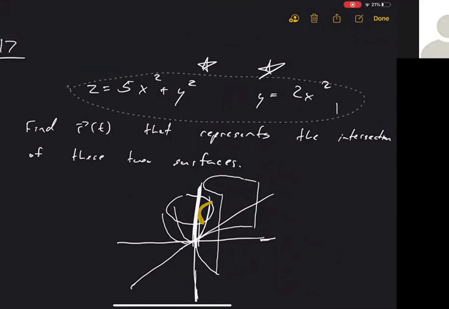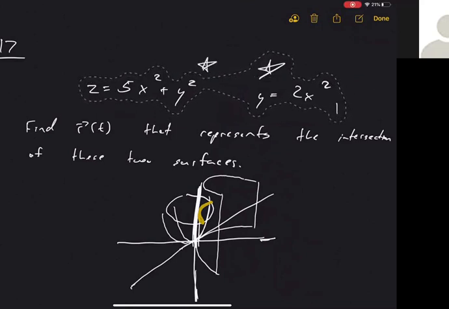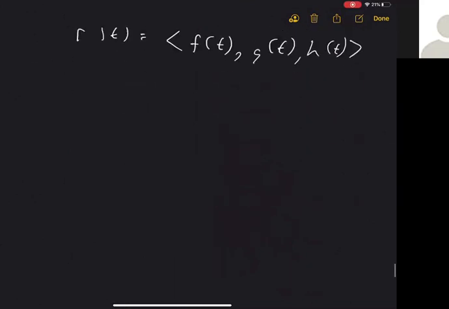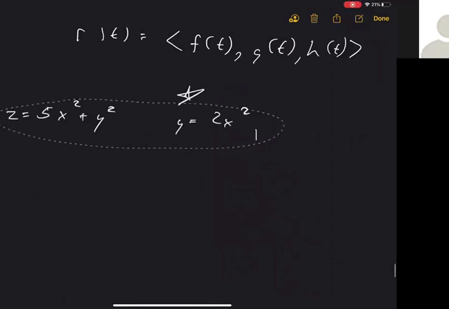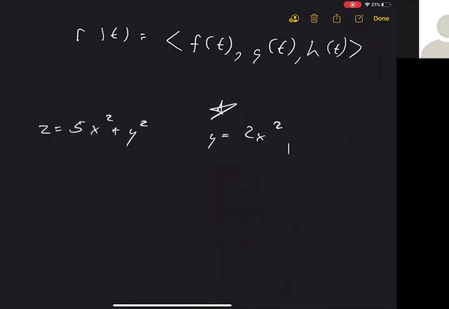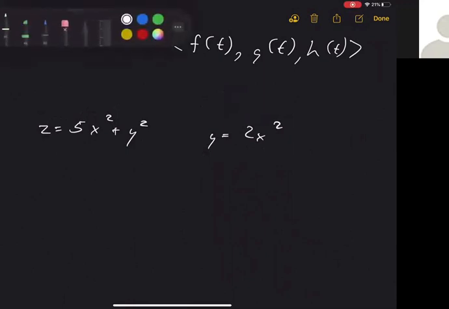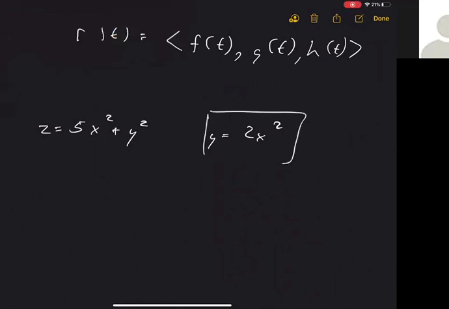So I've picked this simple function. What I'm going to do, looking at this equation on the right side, I've got a y and an x. I'm going to pick one of them to be equal to t.